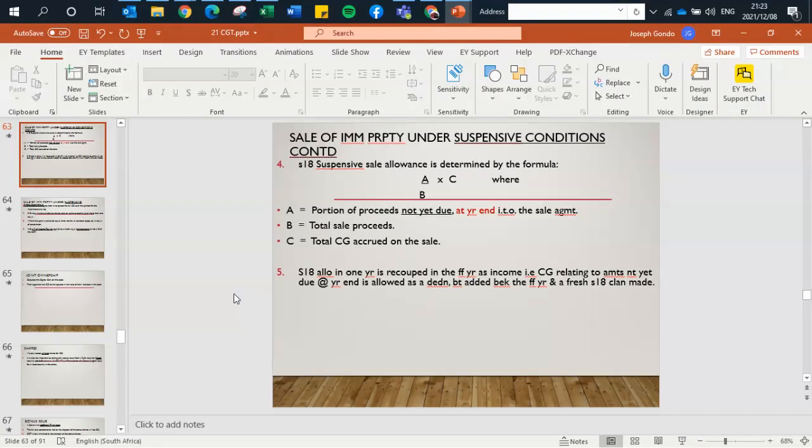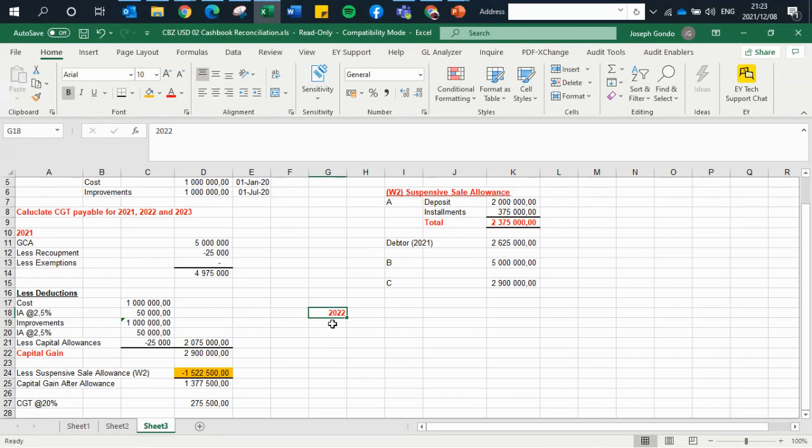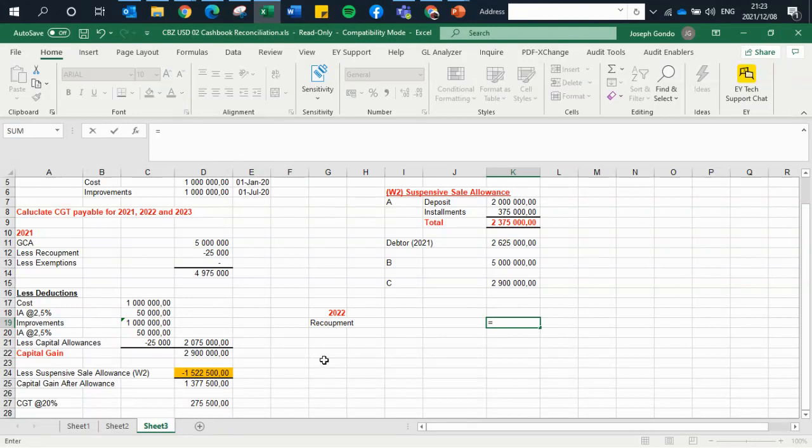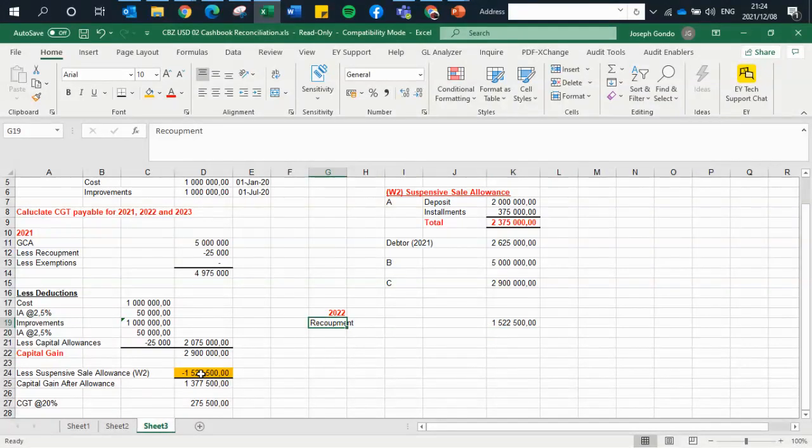So what does it mean? In 2022, we are going to say recoupment. We put this allowance, and we know that recoupment is like income.